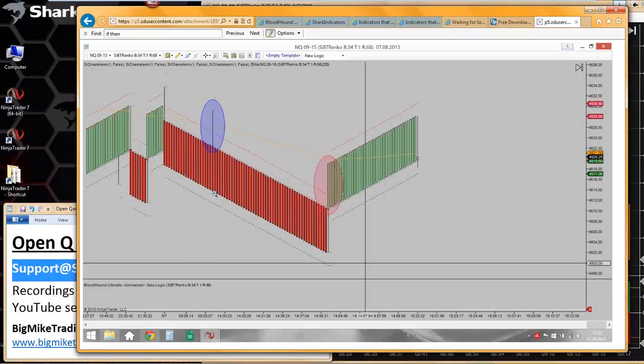He doesn't want to get in down here after the bar closes. He wants to get in on the wick, as price is building the wick. So that's a combination of things. That's not just BloodHound, but BloodHound plus a setting in Raven. So that's what we're going to do.